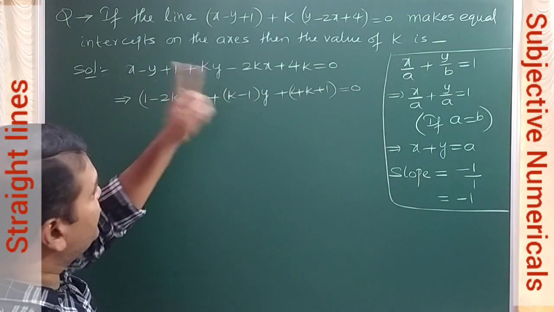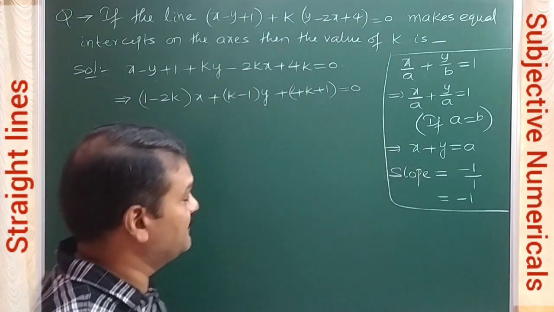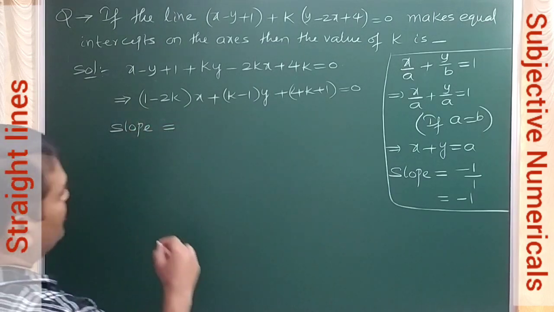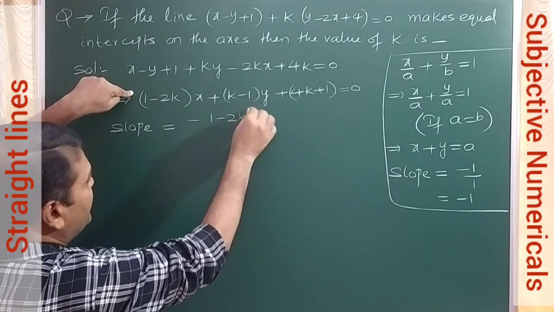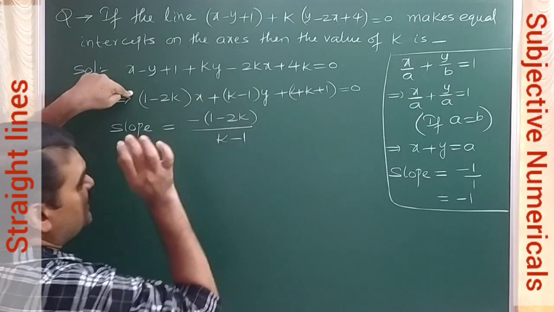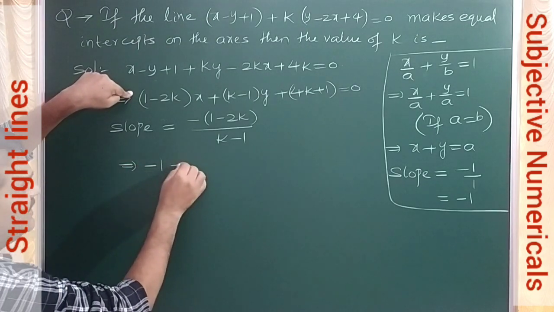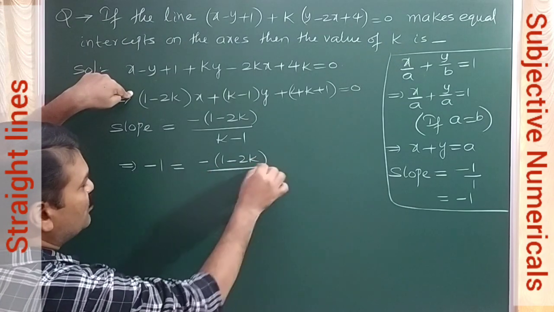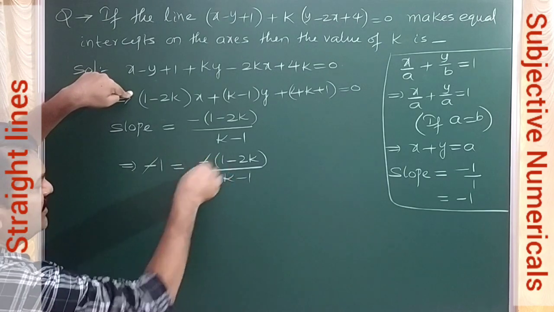Okay. So the line makes equal intercepts on the axis, so the slope must be minus 1. So what is the slope of this line now? Slope is always minus of coefficient of x by coefficient of y. So slope minus 1 is equal to minus of (1 minus 2k) by (k minus 1). Minus cancels on both sides.